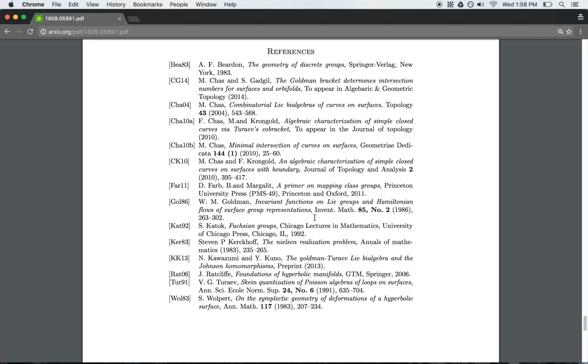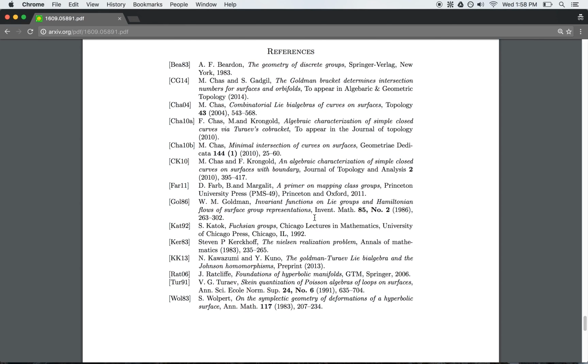Invariant Functions on Lie Groups and Hamiltonian Flows of Surface Group Representations, Goldman, 1986. Fuchsian Groups, Katok, 1992. The Nielsen Realization Problem, Kerckhoff, 1983. The Goldman-Turaev Lie Bialgebra and the Johnson Homomorphisms, Kawazumi and Kuno, 2013.